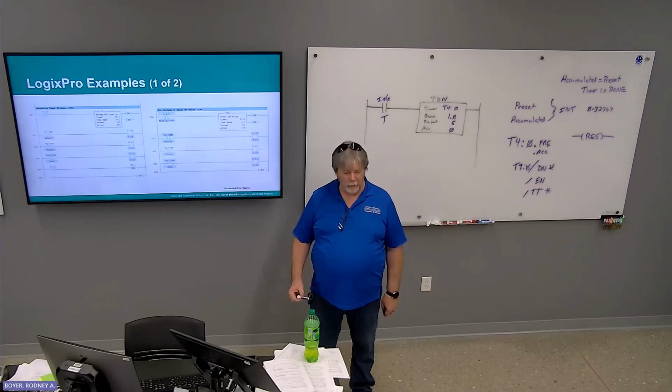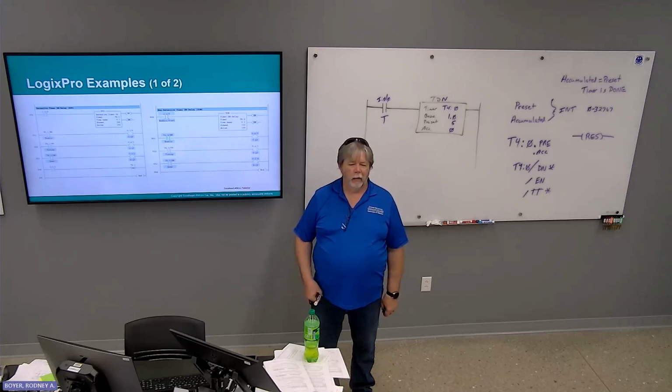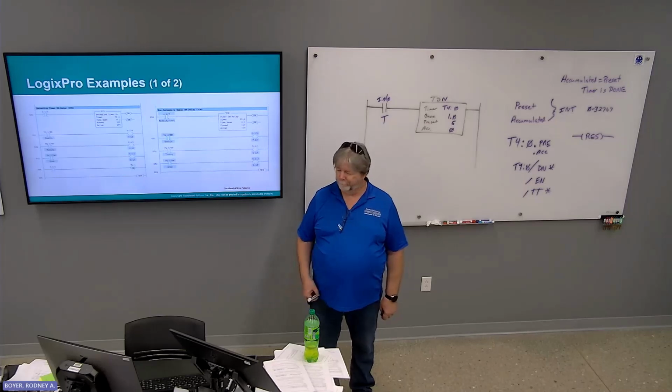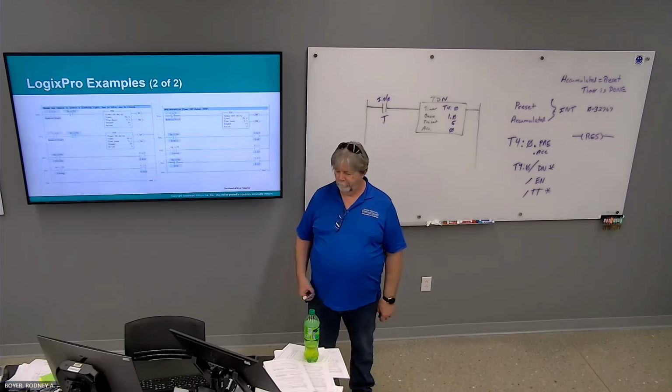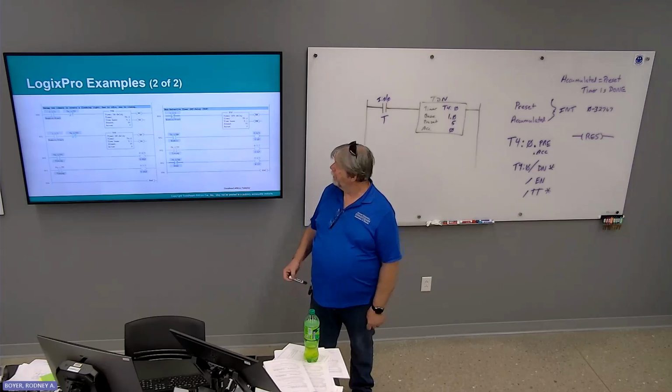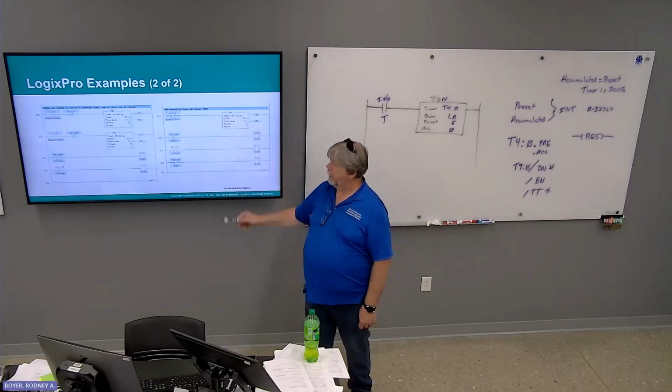You can use the reset instruction to reset any timer, whether it is retentive or non-retentive. But they are actually supposed to be used with retentive timers. Reset them, okay? Yeah, there's your off delay, TOF.